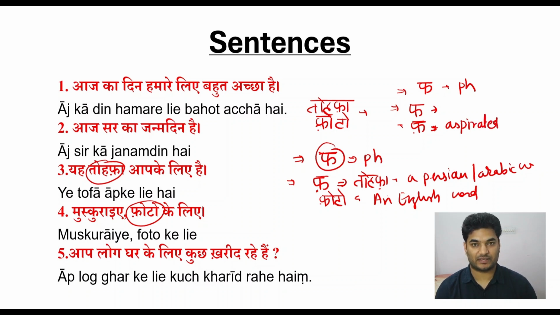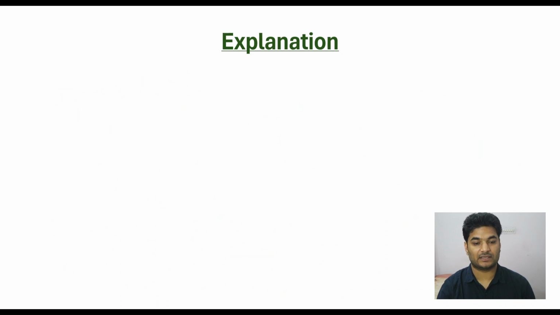Now pay attention to the pronunciation. फ and फ़. Photo, photo, photo. Right? So that's why, to indicate that these words are foreign origin words and they must be pronounced differently, we use a dot here. Right? So that's it for the sentences.